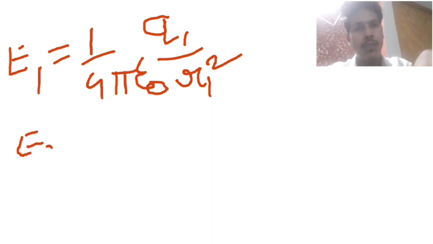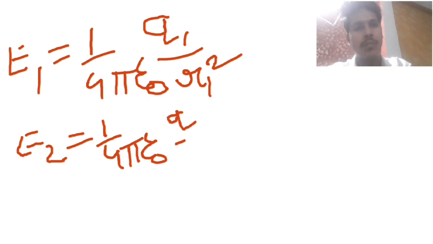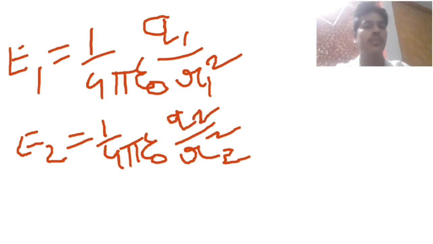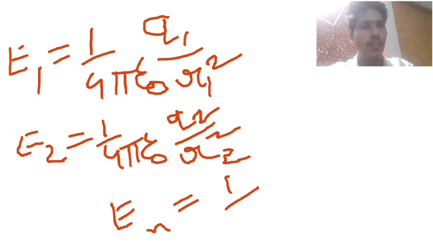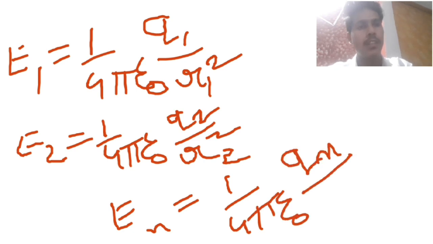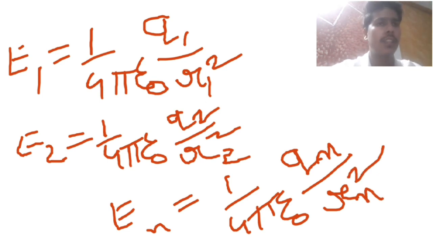Similarly, E2 is equal to 1 upon 4 pi epsilon naught q2 upon r2 square, and at last the electric field intensity due to the nth charge is 1 upon 4 pi epsilon naught qn upon rn square, where the distance of the nth charge from point P is rn.